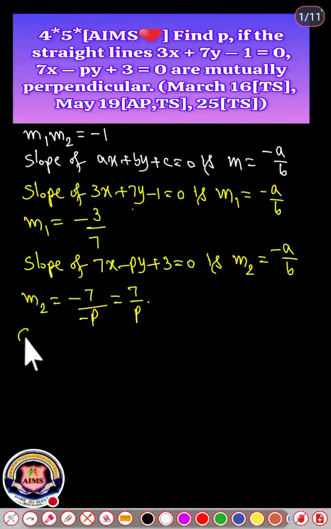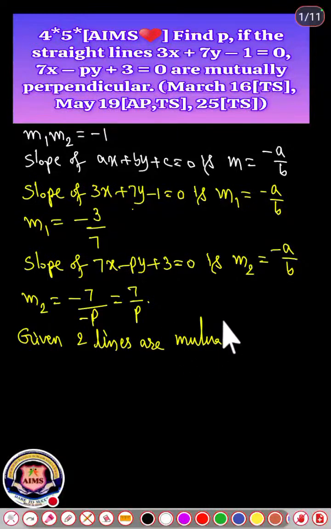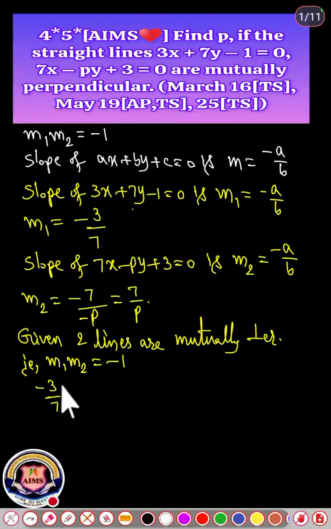Given in the problem, the two lines are mutually perpendicular. That is, m1 m2 = -1. The m1 value is -3/7 into the m2 value 7/p, equals -1.